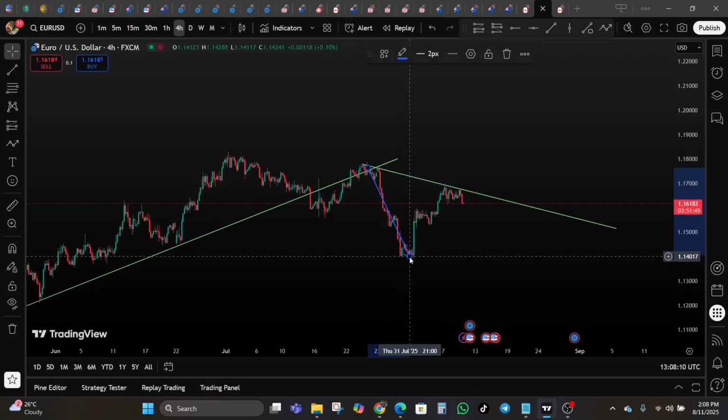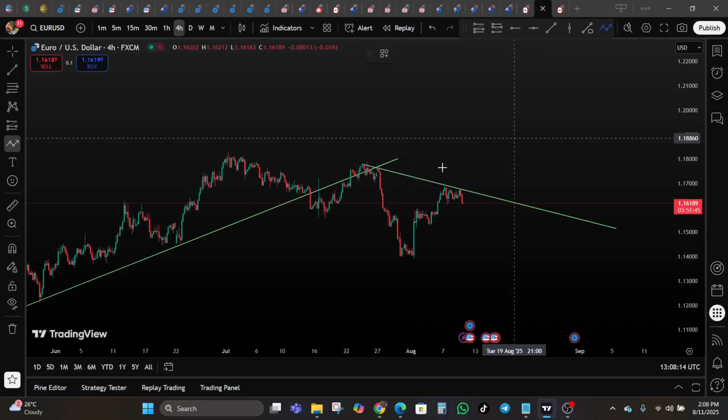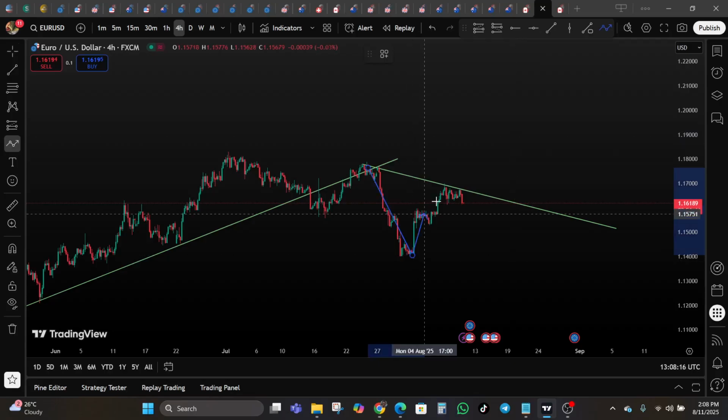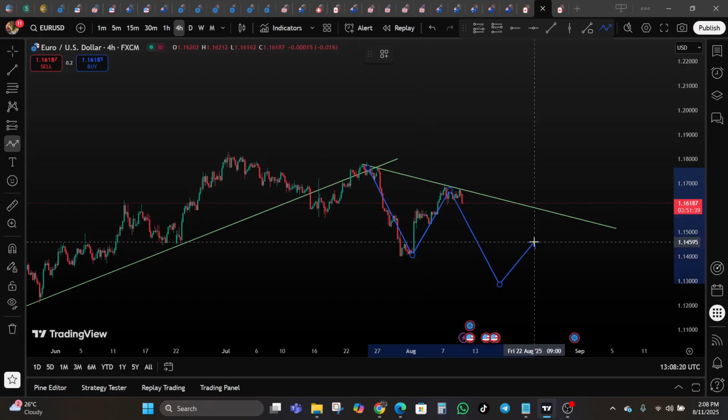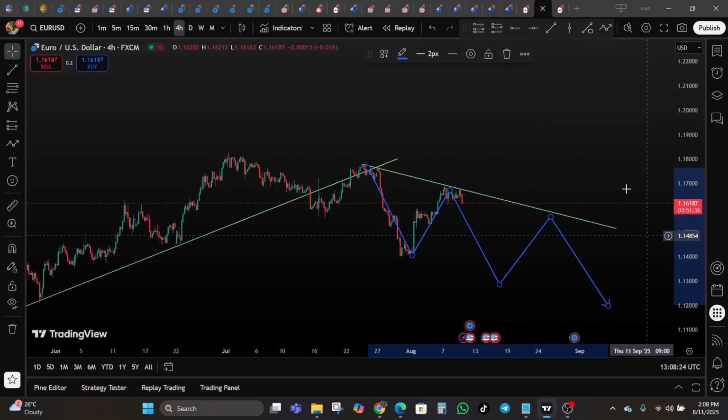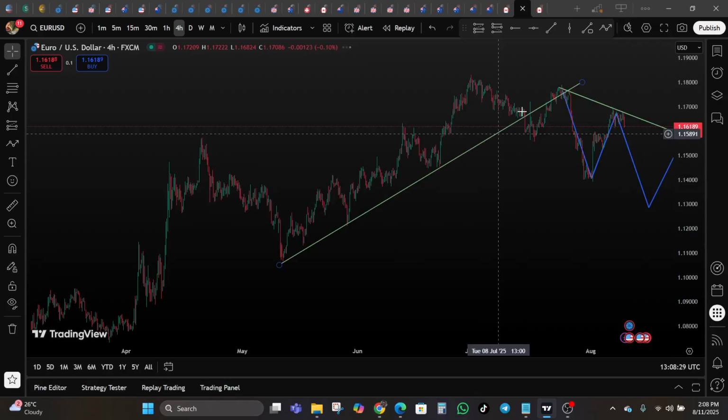Let's just remove this and put another one. So we have the high, this is low, this is a lower high. So if we have a lower low, then it means that, of course, the structure has changed to a bearish structure. So, currently we seem to be having a bearish structure forming right now because the bullish structure has already been broken. So you must identify the market structure.